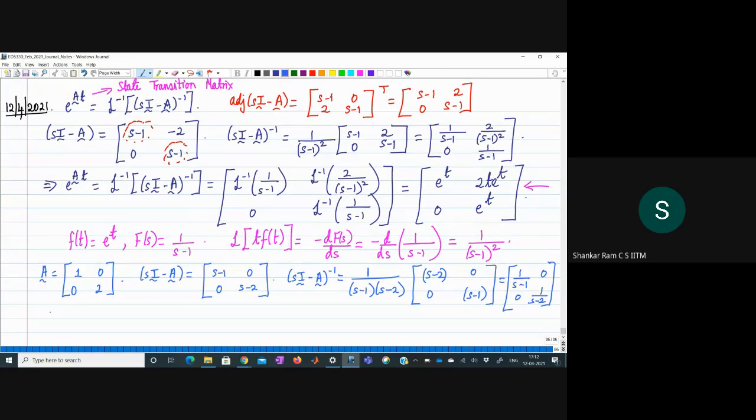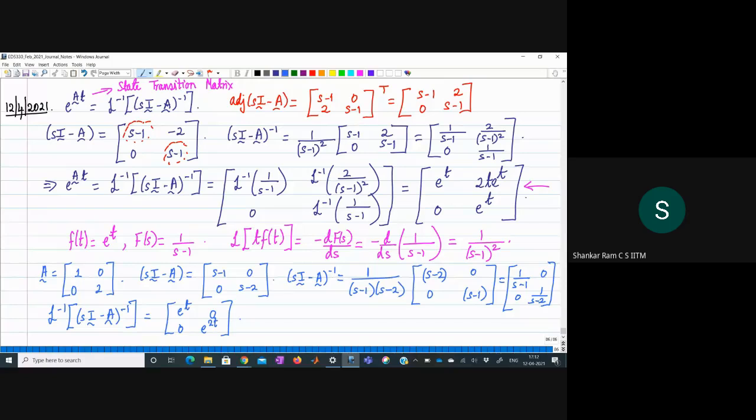Now, if we take the Laplace inverse of sI minus A inverse, we observe something interesting. We will have the Laplace inverse of the 4 individual terms, and we can immediately see that we get e power t, 0, 0, e power 2t.